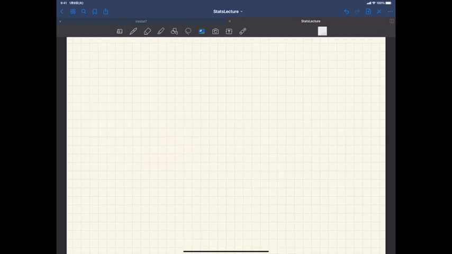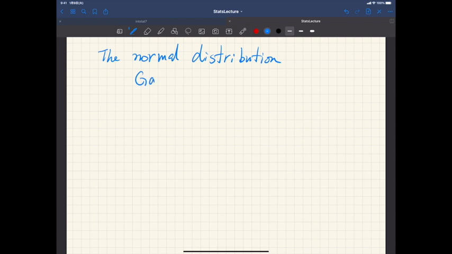Now let's go back to the definition. The normal distribution, also called the Gaussian distribution, is defined by this density function.